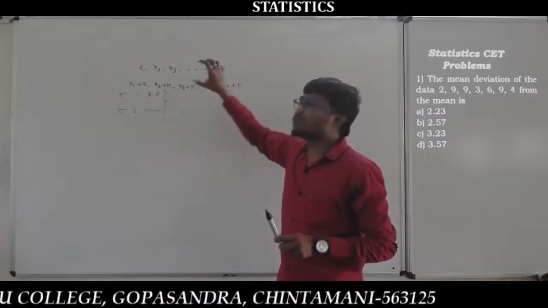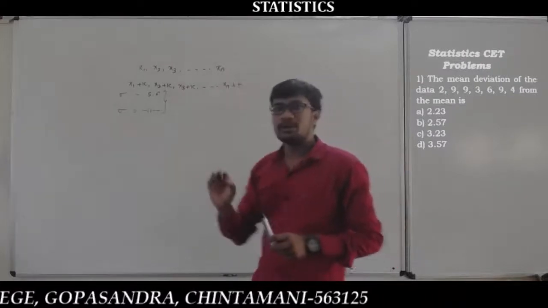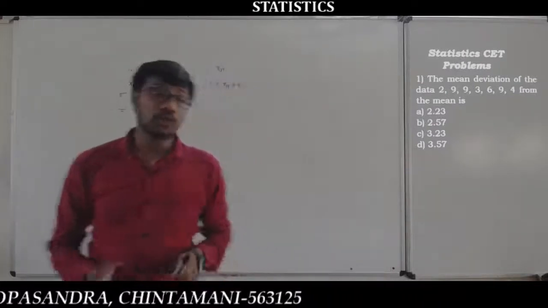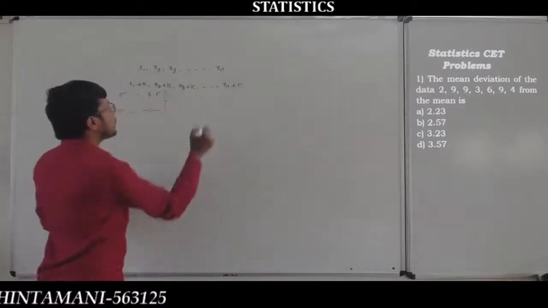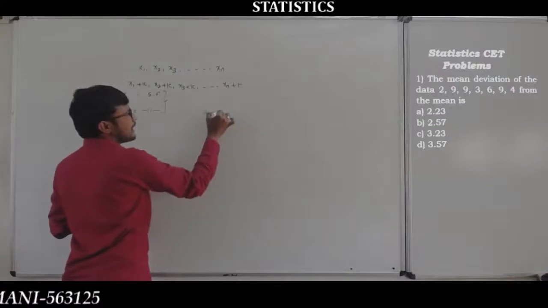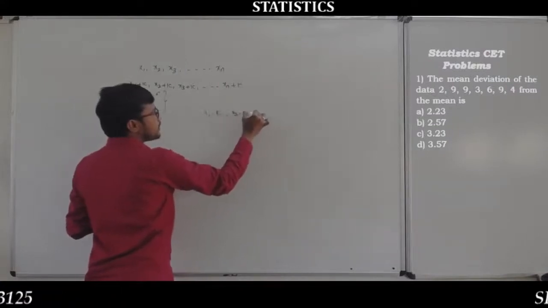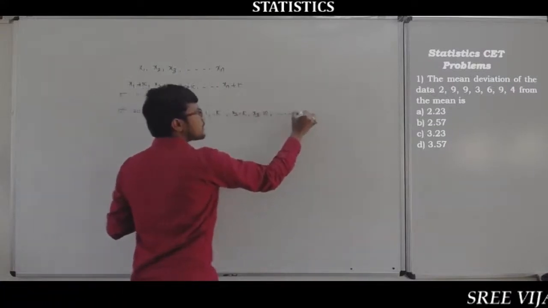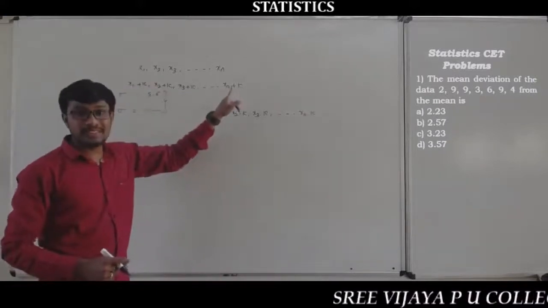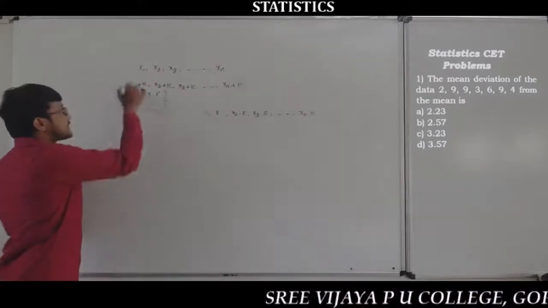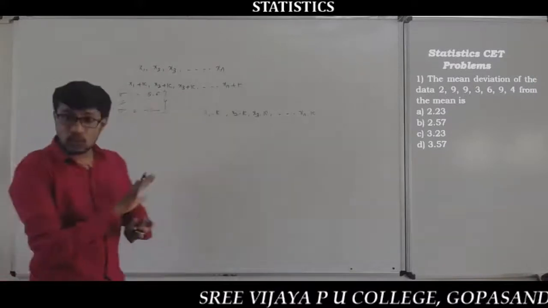So when we add a fixed number, we add it to all the numbers. Similarly, if you multiply x1 into k, x2 into k, x3 into k, and so on, xn into k: if you add a fixed number to all observations, the standard deviation remains the same, it will not change.